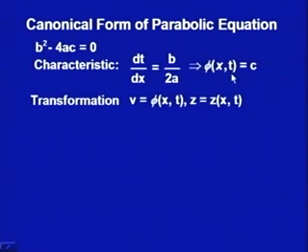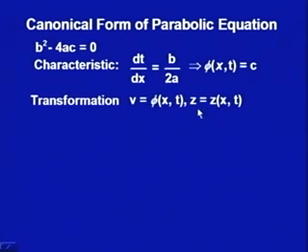So, we are taking the left part of that characteristic curve as phi of x, t; that is the one variable. Another variable z: because this is a parabolic equation, it gives me only a single characteristic. So the other variable we take as any function of x and t.